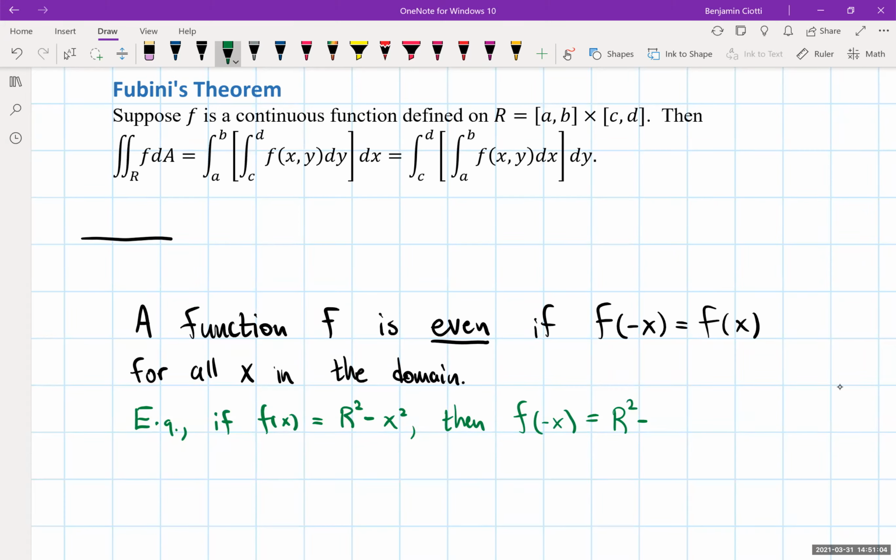I get r squared minus negative x quantity squared, and the negative sign gets squared and goes away, right? That negative sign gets obliterated by the square. So we just get the same as f of positive x.